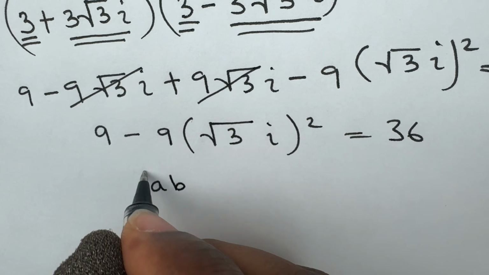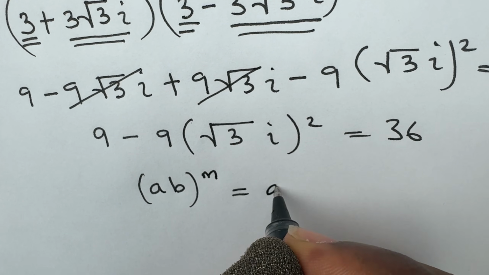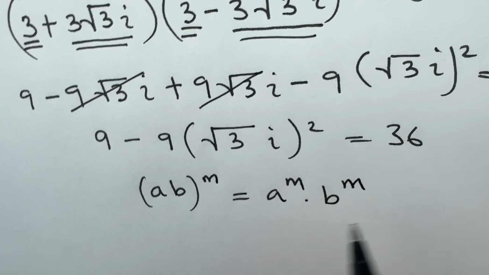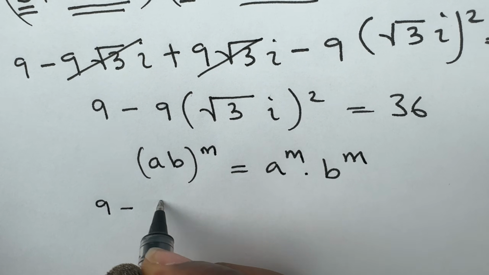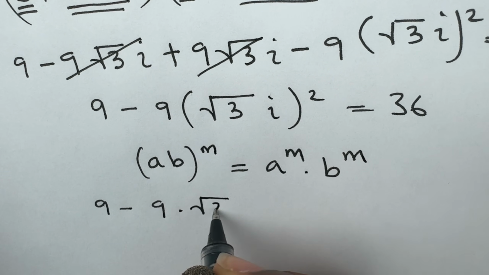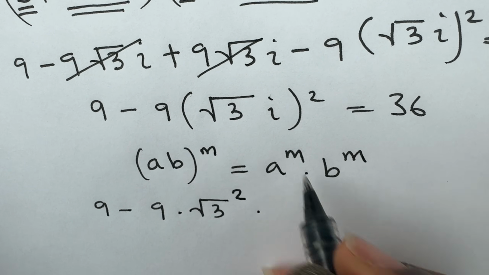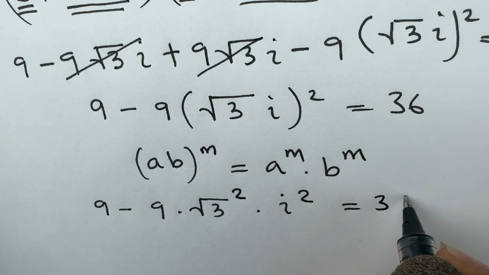A times B by law of indices raised to power m will give us A raised to power m times B raised to power m. Therefore, this will be 9 minus 9 times root 3 raised to power 2 times i raised to power 2 to give us 36.